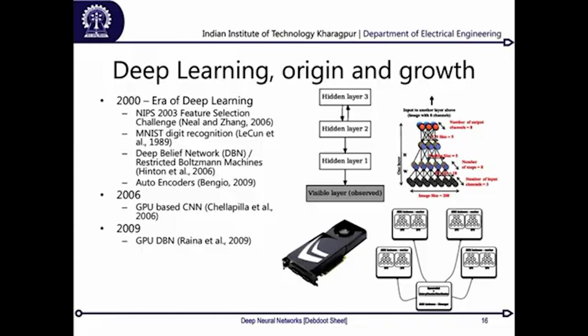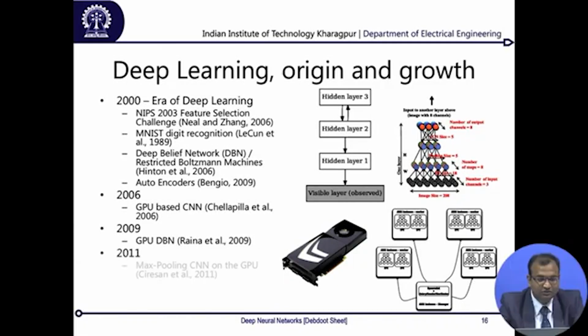So by 2009 we got the deep belief network on the GPU, which was a seminal contribution, followed by max pooling and CNNs on the GPU, which required a significant amount of effort in terms of the VLSI design constraints within how GPUs are designed.